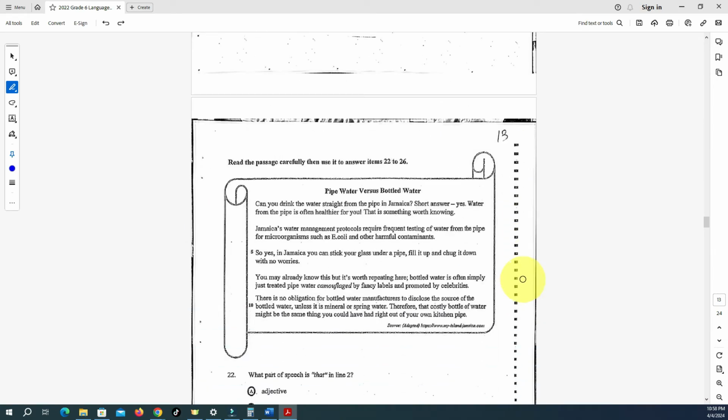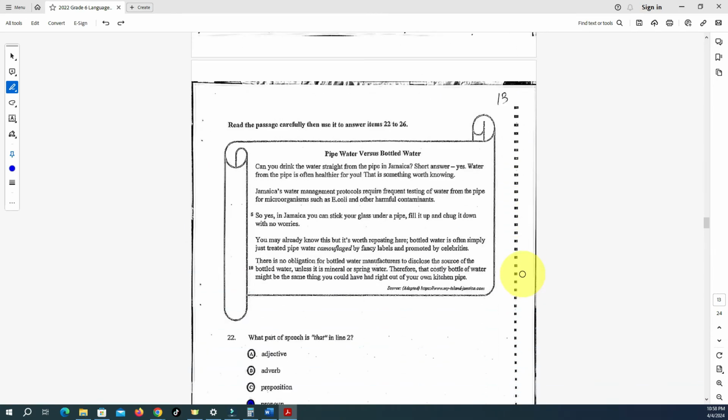All right. Let's jump to 22 to 26 and we have to read again. It says pipe water versus bottled water. Can you drink the water straight from the pipe in Jamaica? Short answer, yes. Water from the pipe is often healthier for you. That is something worth knowing.